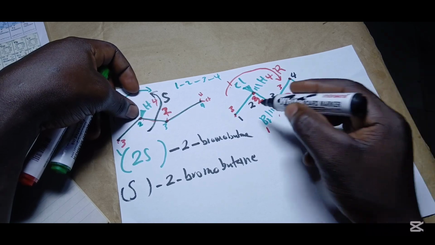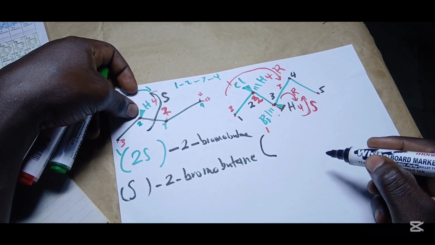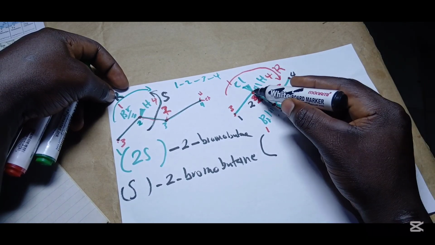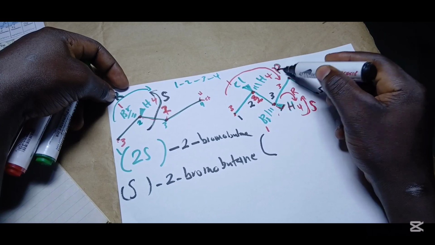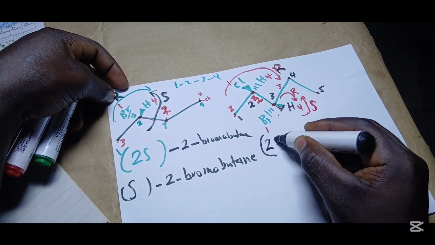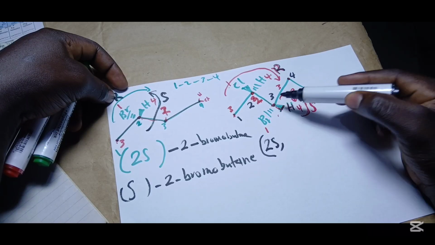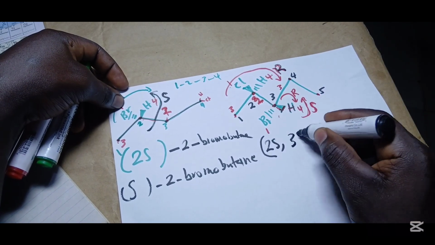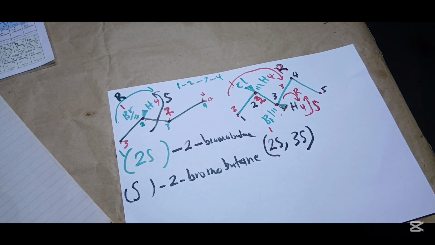So at carbon number 2, first of all, the special nomenclature should come first. At carbon number 2, which is chiral, the configuration is R, right? So 2R, then comma. At carbon number 3, the configuration is S. So 3S, bracket close, because we have 2 chiral centers.